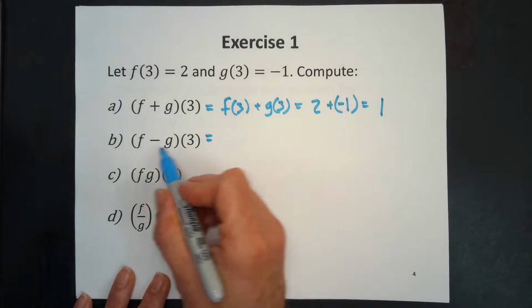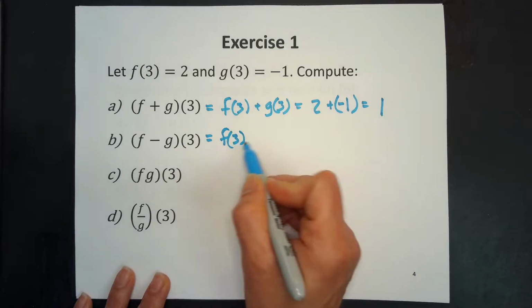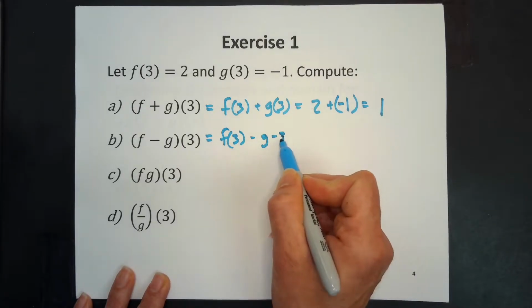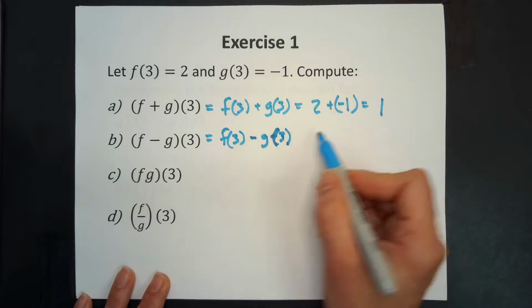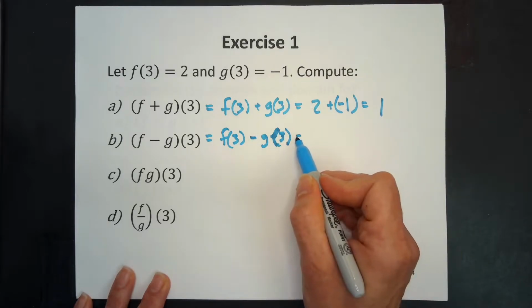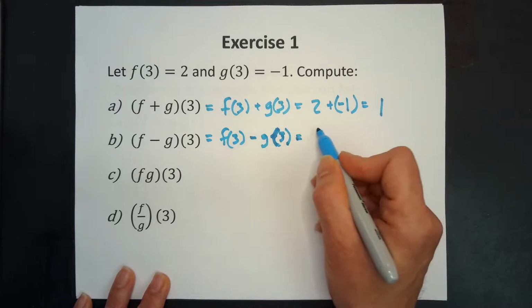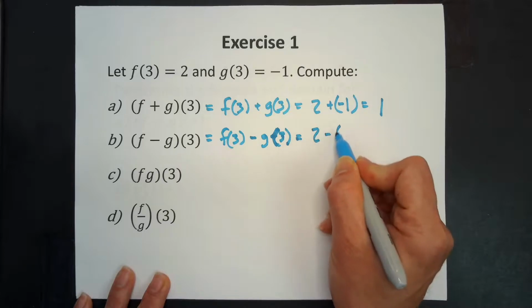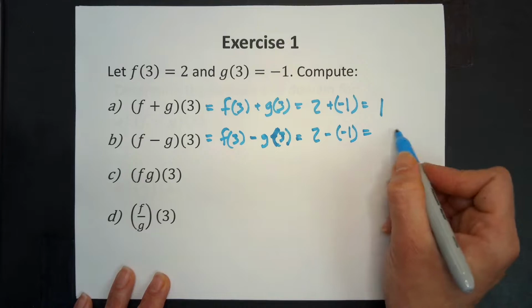Same thing with subtraction. So f minus g of 3, we get f of 3 minus g of 3. And it's always good to put things in parentheses when you're subtracting them. So we're going to have 2 minus (-1), which will give us 2 plus 1, which is 3.